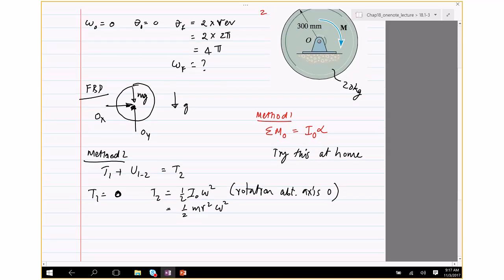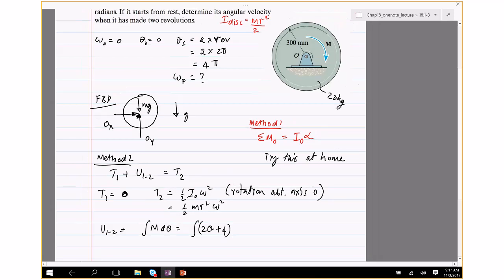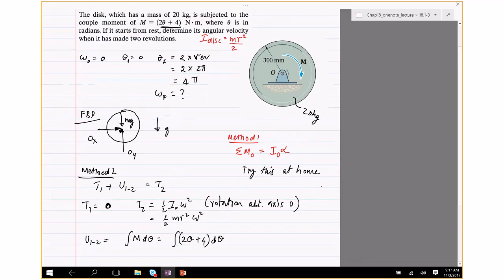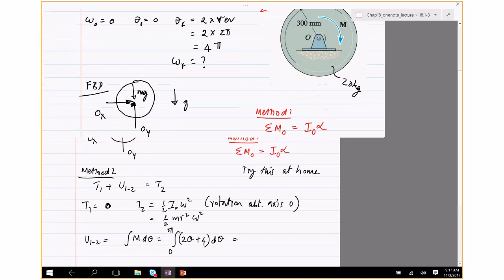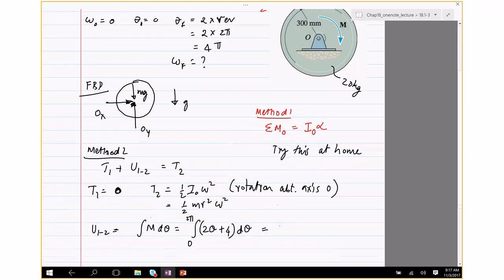Okay, and the final thing is the work done. So the work done due to moment M is M d theta. M is 2 theta plus 4. That's M d theta, and then theta goes from 0 all the way to, no, sorry, my bad, 4 pi.